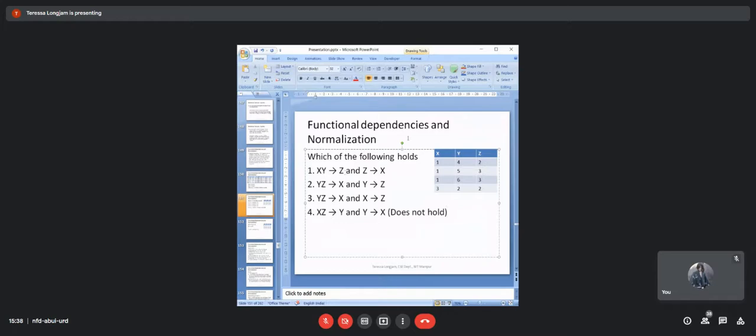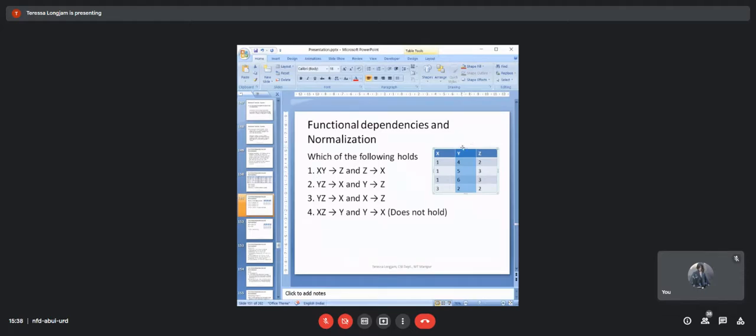Now let us check the other remaining ones. X, Y determine Z, the combination of X and Y determines Z. This is going to be true. Why? Tell me, anyone. Because Y is unique.